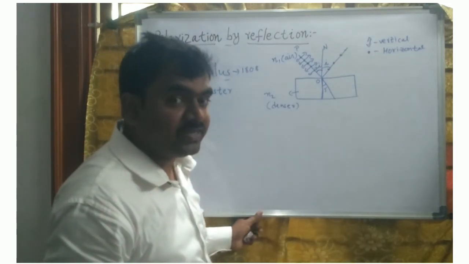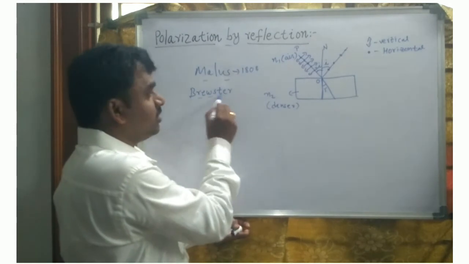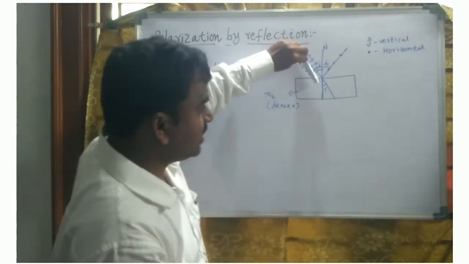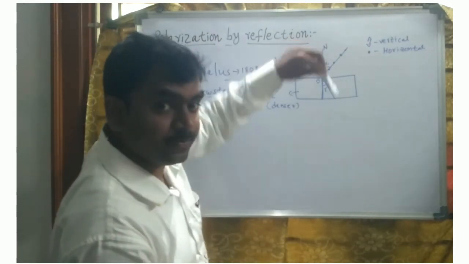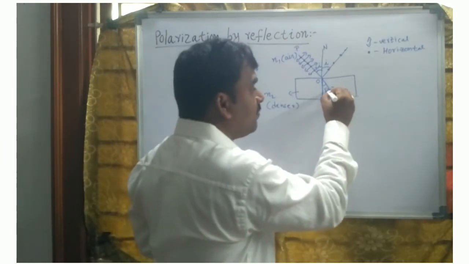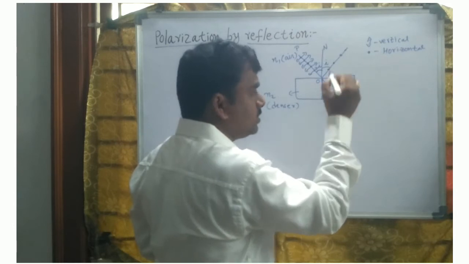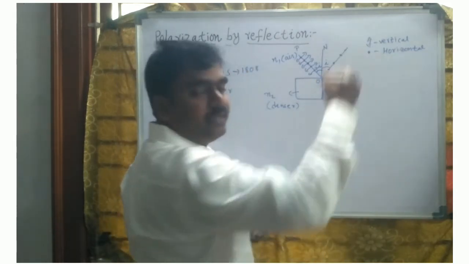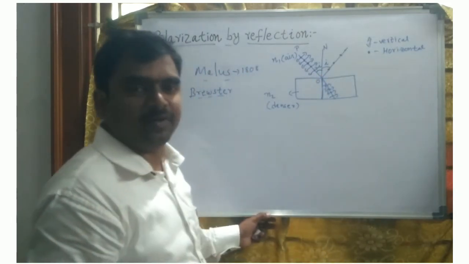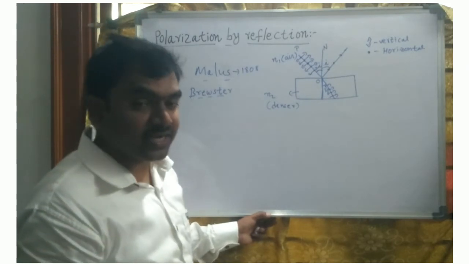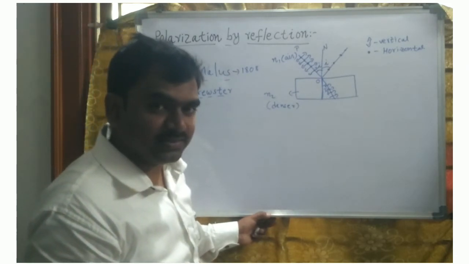Now what did he do? Brewster changed the angle of incidence. Whenever he changed the angle of incidence, what he observed is that the reflected beam is perfectly plane polarized.